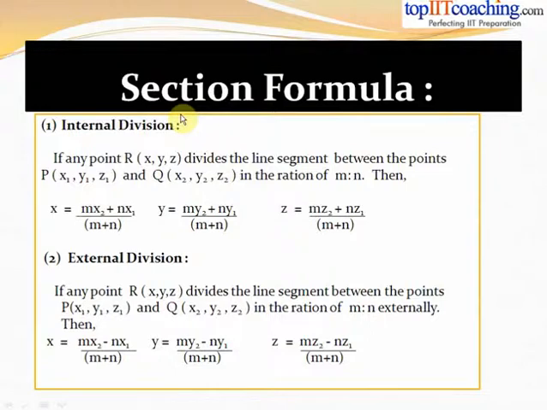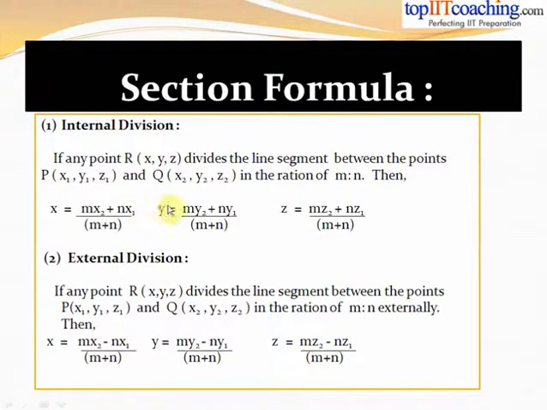The next is the section formula. This section formula is very much similar to the section formula which we have studied in coordinate geometry. So the first type of division is the internal division. Now if any point R(x, y, z) divides the line segment between the points P with the coordinates x1, y1, z1 and Q with the coordinates x2, y2, z2 in the ratio of m is to n, then the coordinates of point R are given by x equal to (m x2 plus n x1) divided by (m plus n).